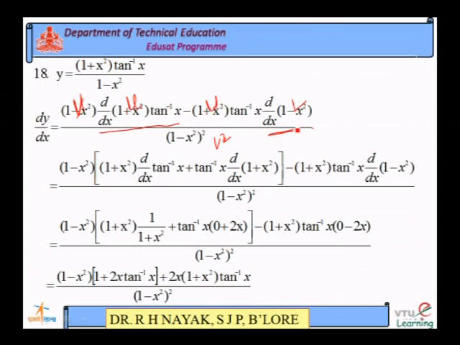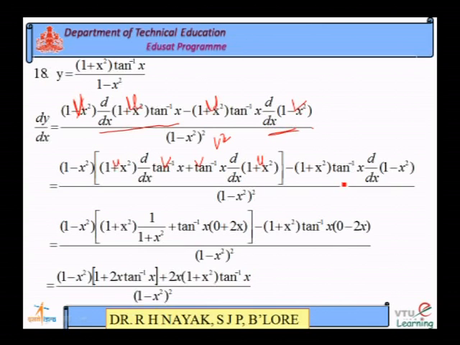Again it is to be treated as a product of two functions. The product of two functions means again we have to go for the product rule. What does the product rule say? Keep the first function as it is, 1 plus x square, into differentiation of the second function, that is tan inverse x, plus keep the second function as it is into differentiation of the first, 1 plus x square, minus 1 plus x square into tan inverse x.